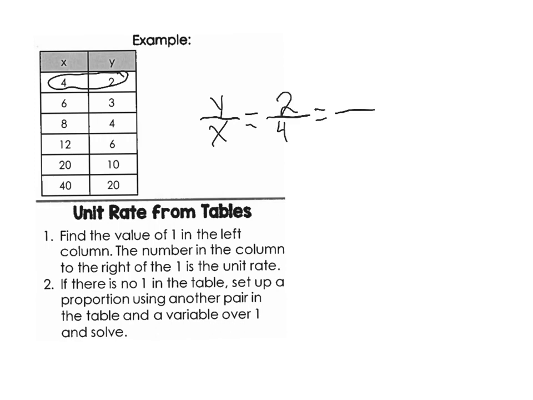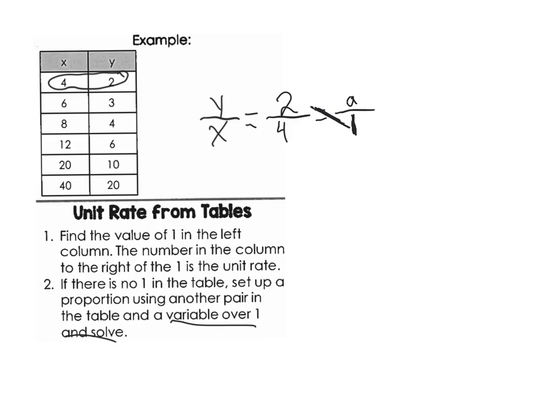Then it says to use the variable over 1, then solve. So our normal variable is x, but we already have an x and a y here. So let's use a, and we put it over 1. Now we should all know by now how to solve a proportion, and that's to cross multiply and then divide.